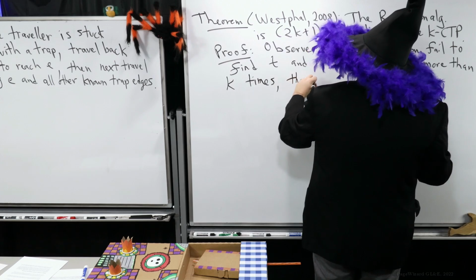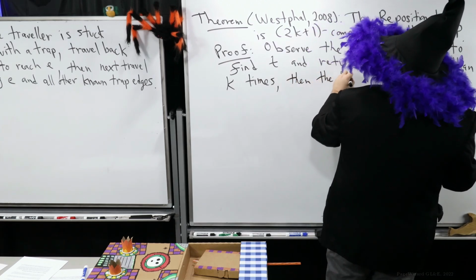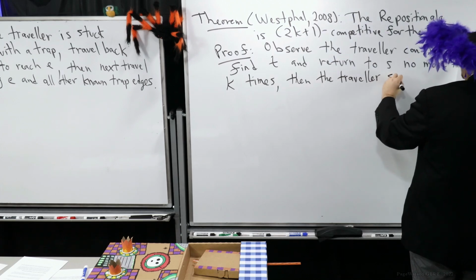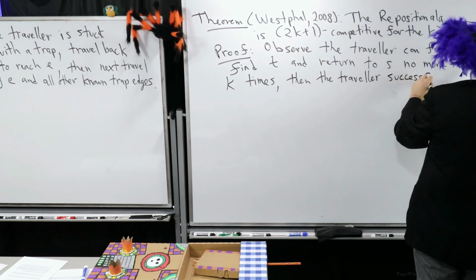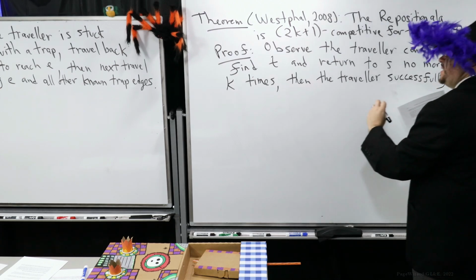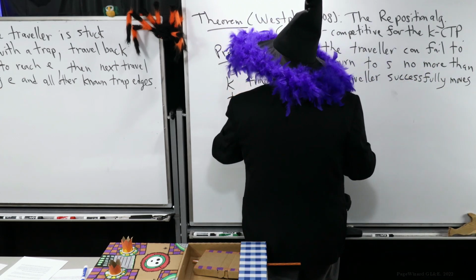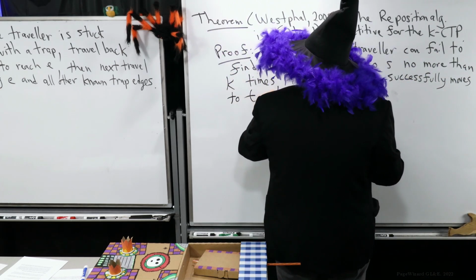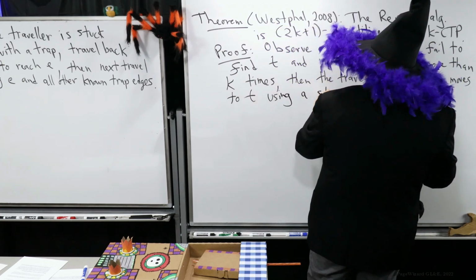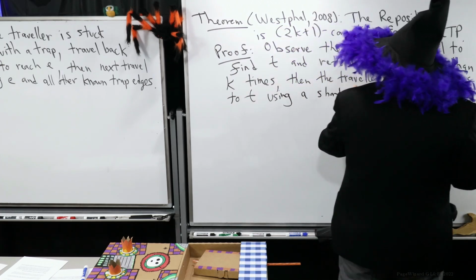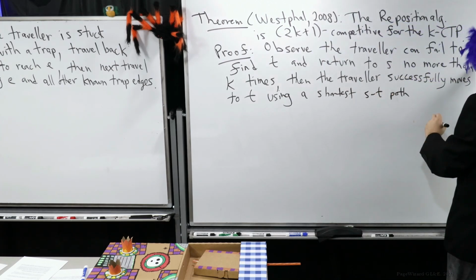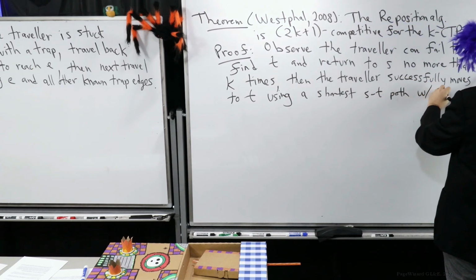Then the traveler successfully moves to T using a shortest ST path with no trap edges.